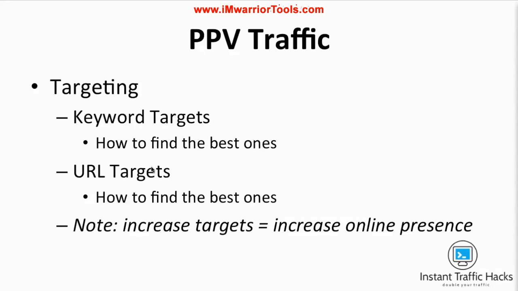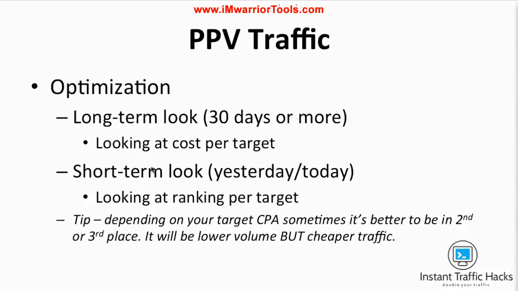We'll give you some visuals on that in the coming video. And when it comes to optimization, in the following video I'm going to show you what you should look for in the short term and what you should look for in the long term. In the long term you need to look at your cost per target, and in the short term you need to look at how you're ranking per target.